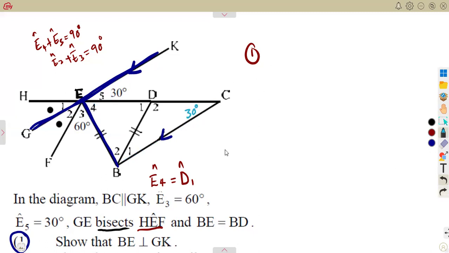Angle C is equal to angle E5, which is 30 degrees. Those are alternate angles. Remember your alternate angles where you form a Z. This is what you are given or what you can work with for now. Okay? And is it going to help us? It's a question, guys, that you need to ask yourself: is it going to help us to find whatever we need?